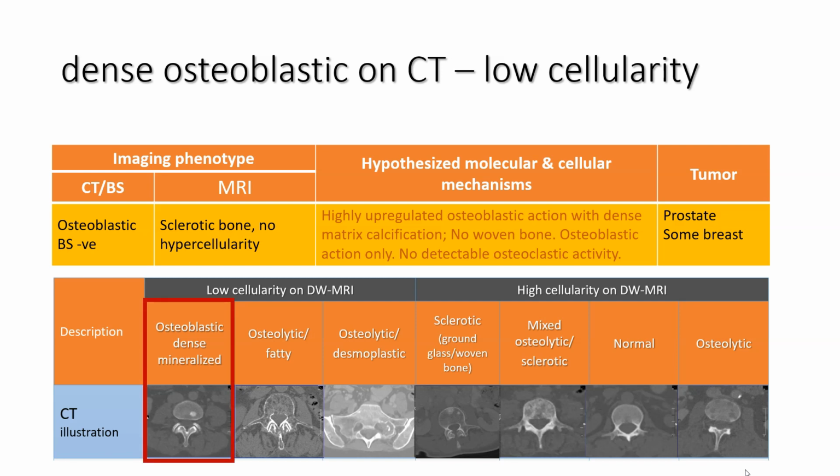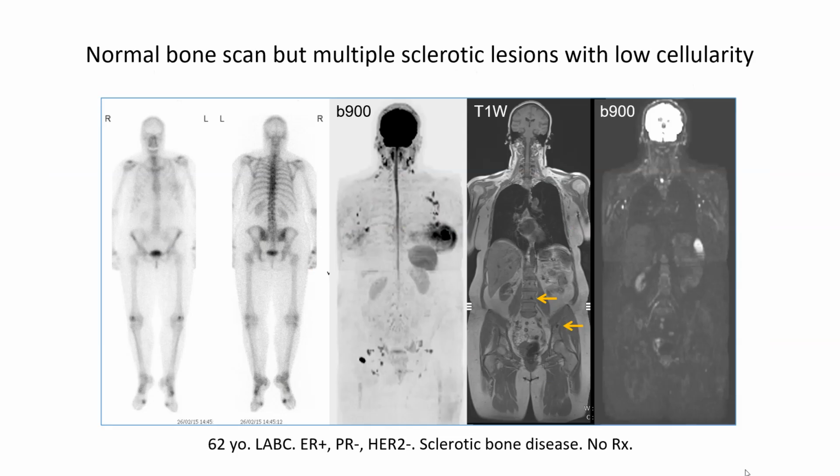This lesion is often very radiodense with a sharp margin and is often found to be bone scan negative. And here is an example. So you can see this patient has multiple lesions visible on the T1 sequence, but her bone scan is negative. The whole body diffusion scan is negative both on the coronal as well as on the MIP projection.